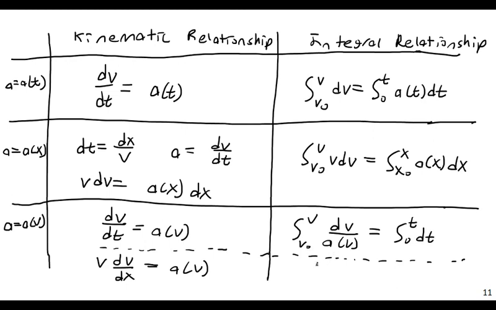And finally, the integral of dx from x naught to x is equal to the integral from v naught to v of v dv over a of v. I know that's some wonderfully dense calculus, but we'll look at that a bit more later today.